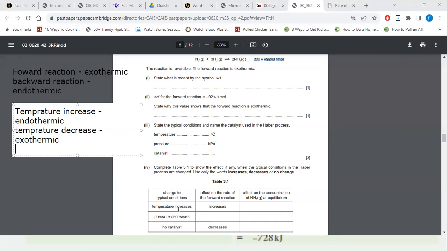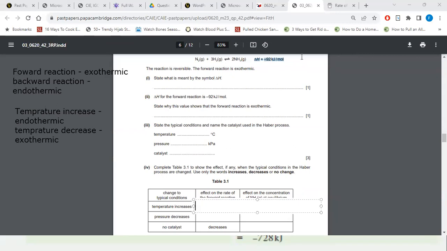Over here, they're saying we are increasing the temperature. If I am increasing the temperature, where is the reaction going to go, the endothermic or the exothermic? It will go endothermic.